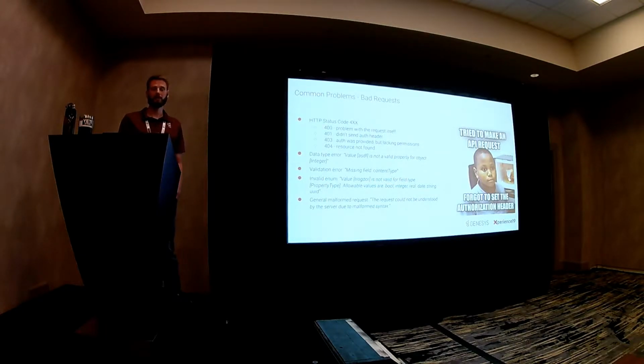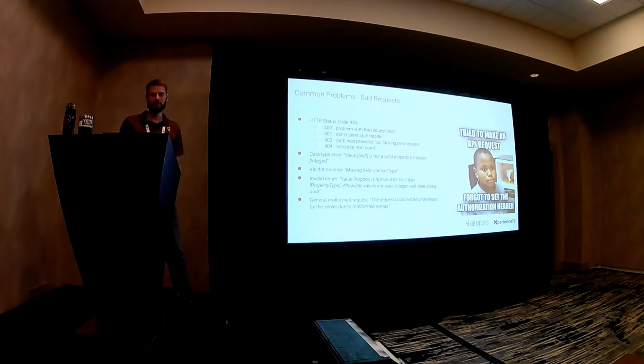So certain things allow only certain values, which is the enum list of values, and if you put something invalid in there, it'll tell you that it didn't match it. And generally it'll tell you what the valid values are for that property. And then a general malformed request.